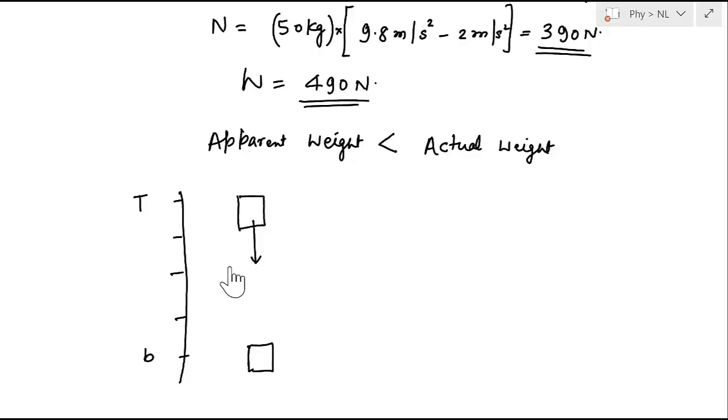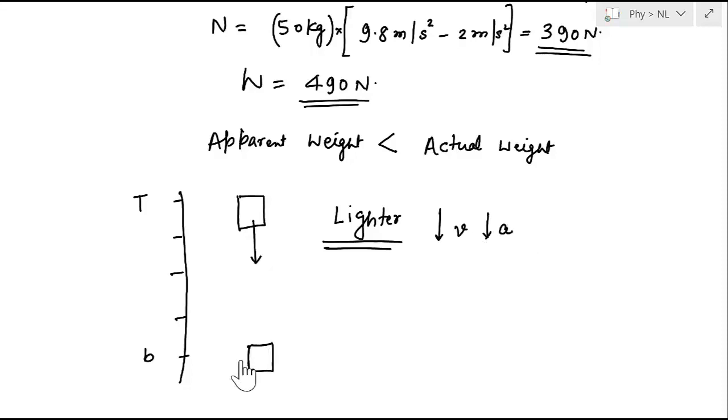At that time you feel light, that is your actual weight is greater than the apparent weight. This means you feel lighter. In this case velocity is in the downward direction and acceleration is also in the downward direction.